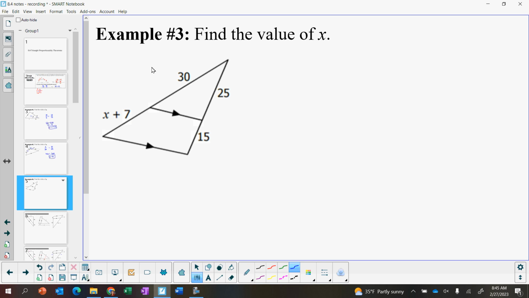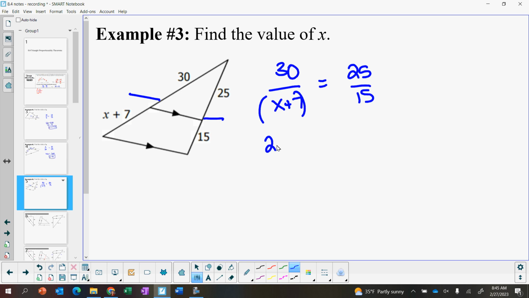Okay, next example. 30 is over the x plus 7, 25 is over the 15. When I cross multiply here, I'm going to make sure I stick that in parentheses. So 25 times x plus 7 equals 30 times 15.